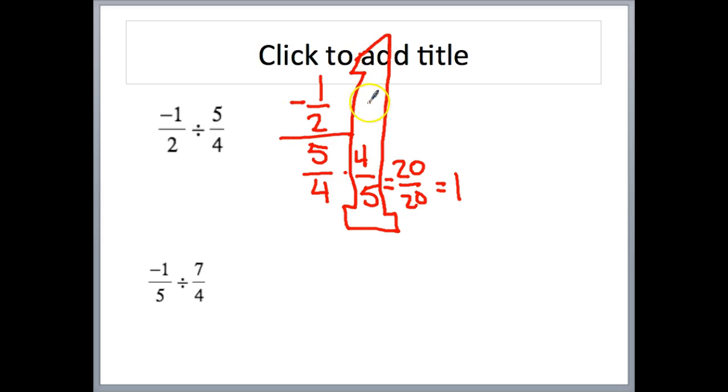So I'm going to multiply the numerator by 4/5 as well. So -1 times 4 is -4. 2 times 5 is 10. This is reducible, -2/5. So that's the long way of doing it.